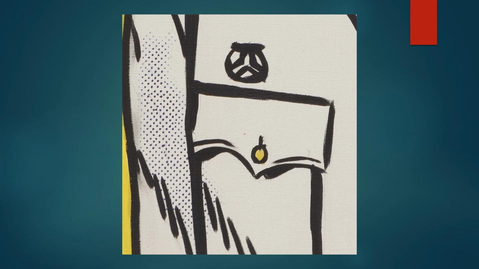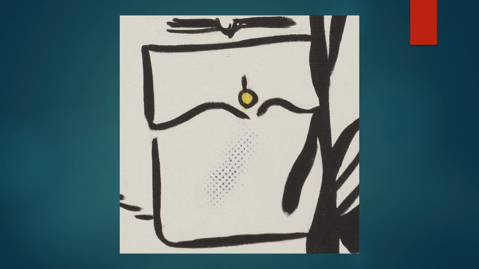We can see the dots showing up again on the sleeve, this time blue for shading purposes. And we see the dots showing up yet again on the pocket of the officer. Now, that said, this slide and the next one, if you look closely at this slide, you will see little streaks, little stripes around where the paint is.